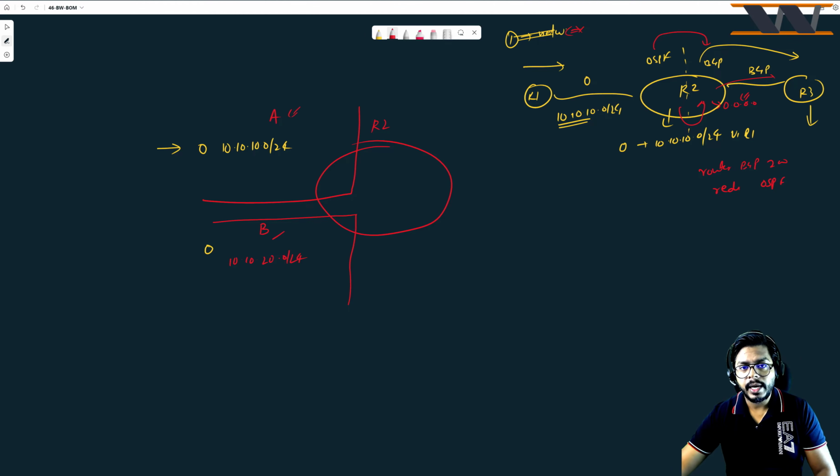And now I am running the BGP process here. By default, we run only one BGP process, router bgp 200.